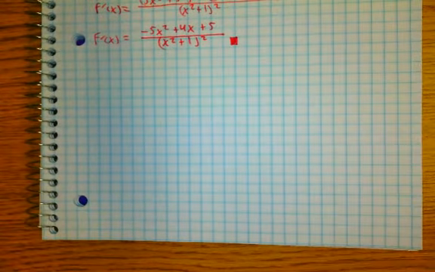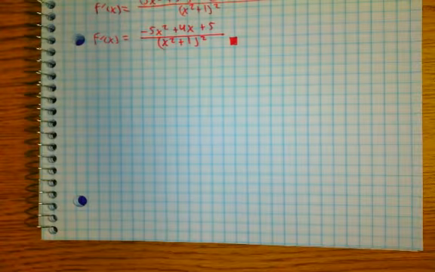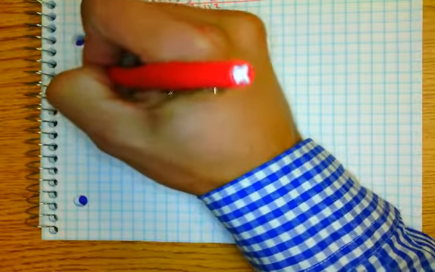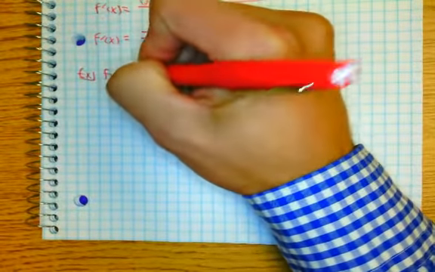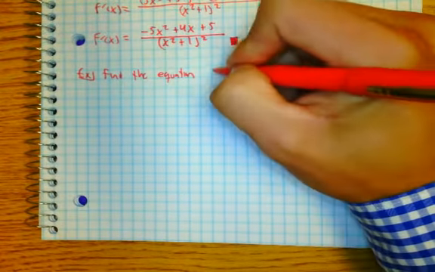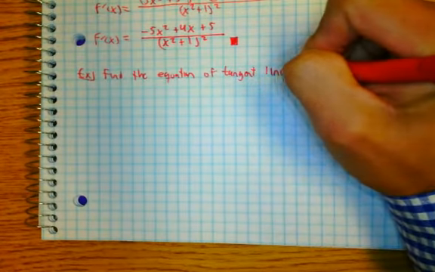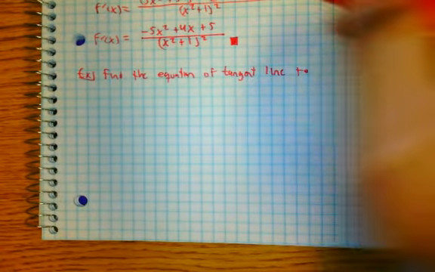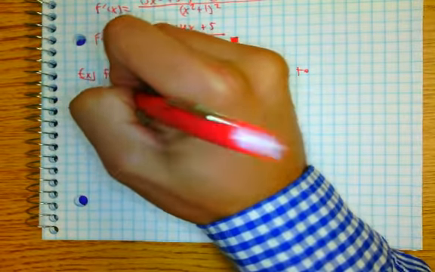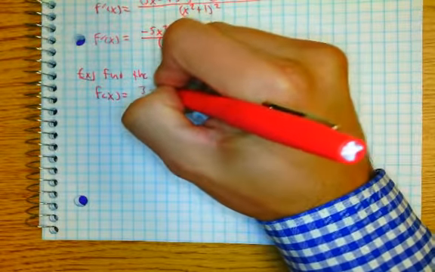So I want you to find the equation of the tangent line to the function f of x equals 3 minus 1 over x, all over x plus 5, at the point negative 1, 1.